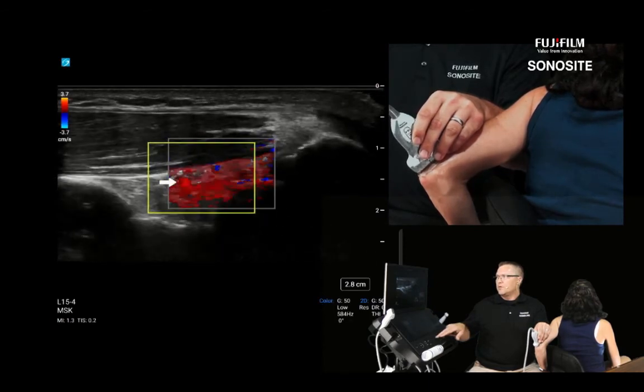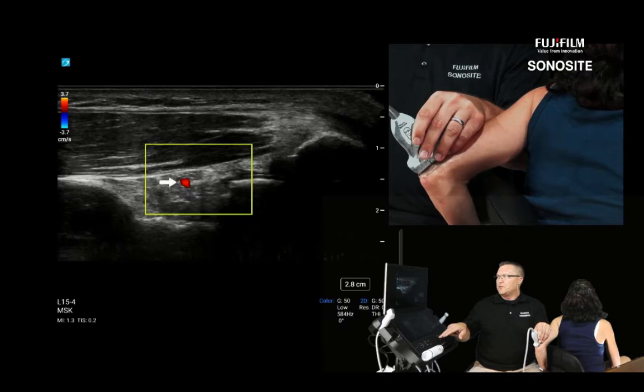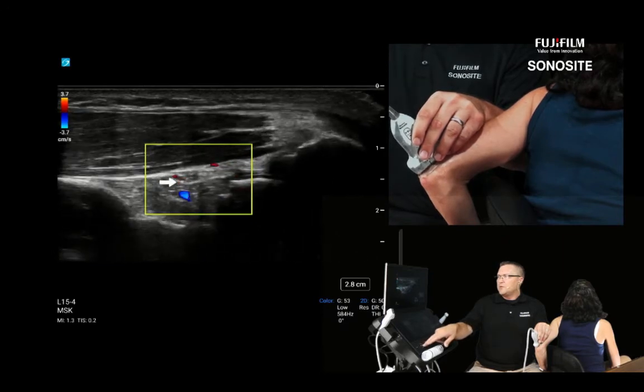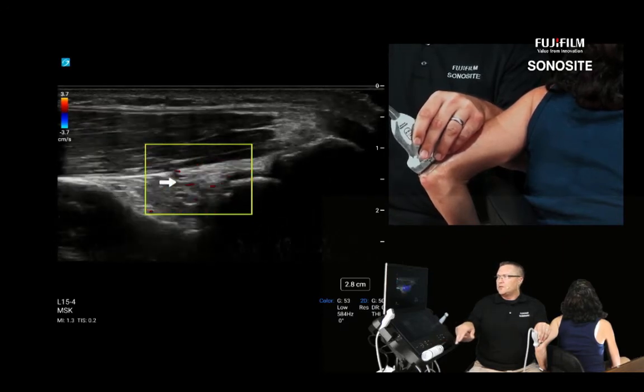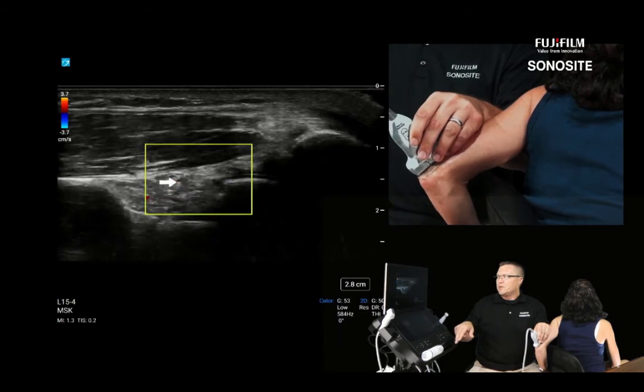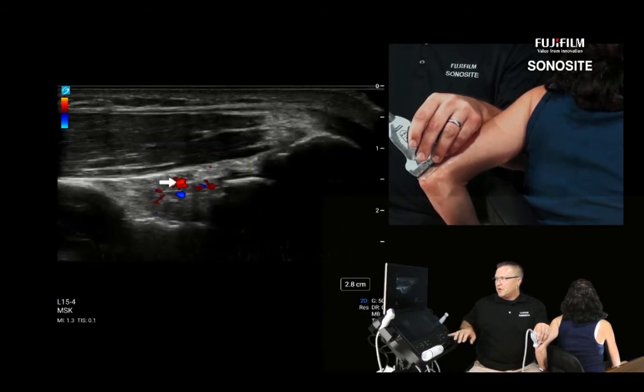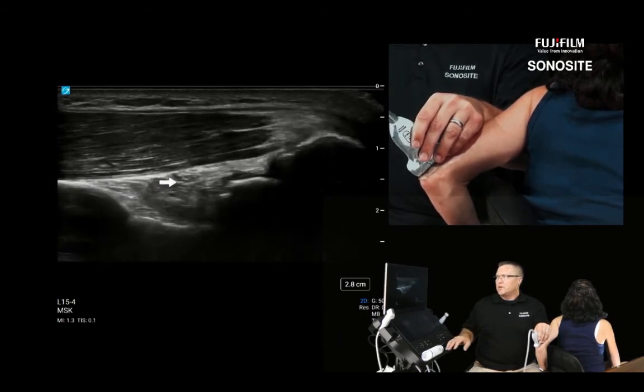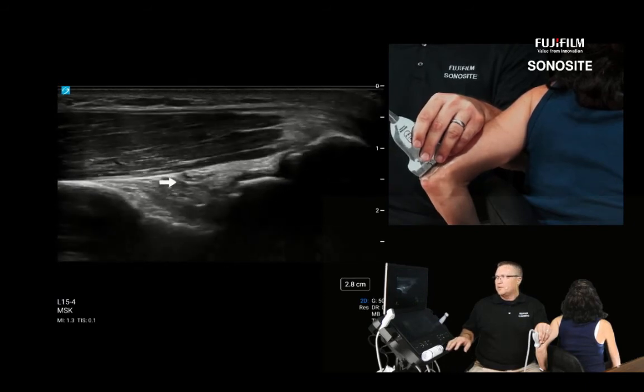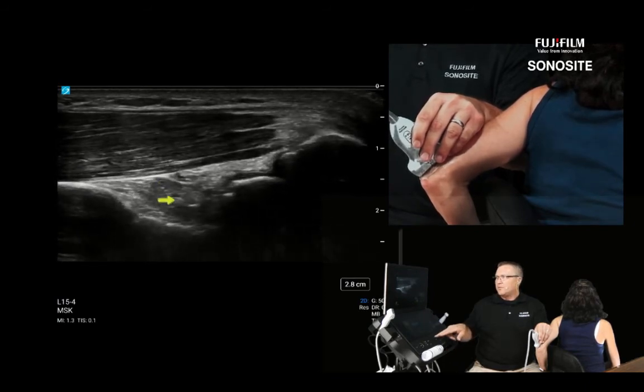So we want, as much as possible, not to cause a bleed in a joint, because red blood cells, as we know, are very toxic to joints, and you might even cause an unwanted hematoma. So always throw the color on, especially on these very hypervascular fat pads. They are much more vascular than you might think.